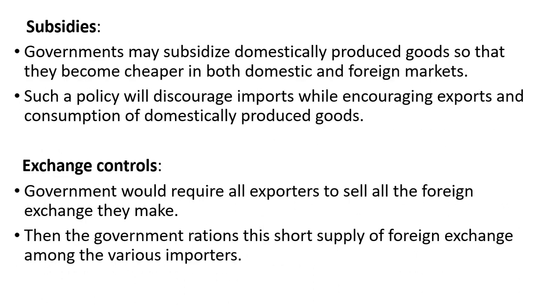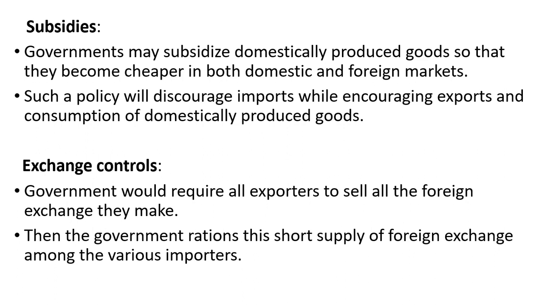Then we can also talk about subsidies. Subsidy is the reverse of a tax, and usually subsidies are imposed on domestically produced goods. The overall idea is to make them cheaper. If you make domestically produced goods cheaper, people will shift away from buying imported goods towards domestic goods.